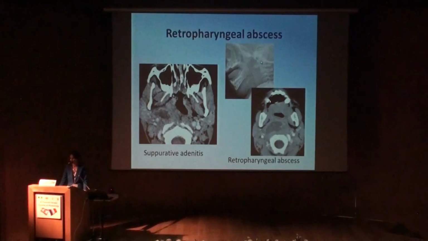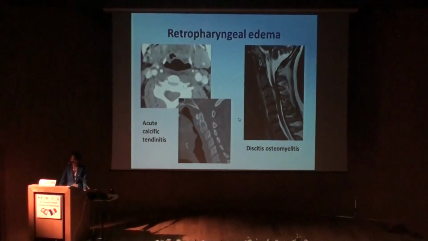And you can also see on the lateral scan the thickening of the prevertebral soft tissue that we used to see on the lateral neck images that we used to get on those kids before we were doing CTs for all of them.